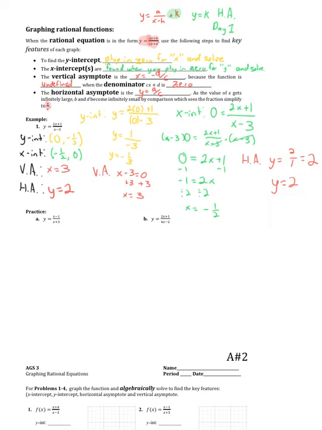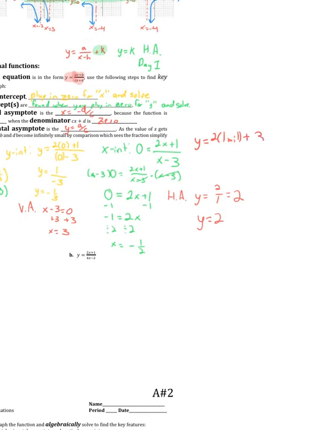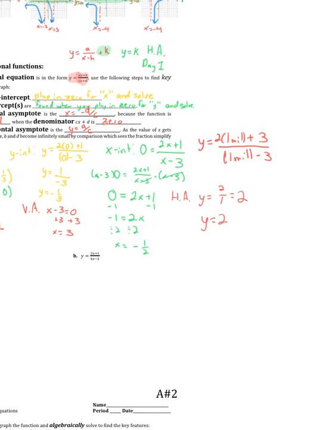If I plug in really, really big numbers for x, like 1,000,000, I'm essentially going to have 2 times 1,000,000 plus a really small number, over 1,000,000 minus a really small number. I think it's actually 2x plus 1, sorry.